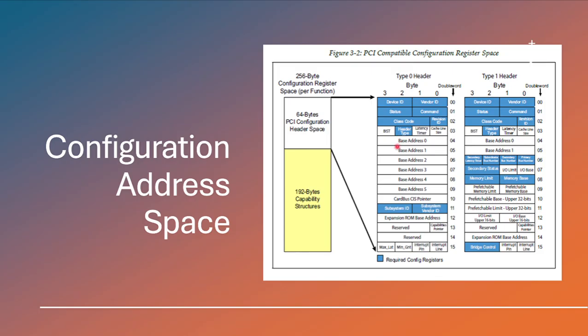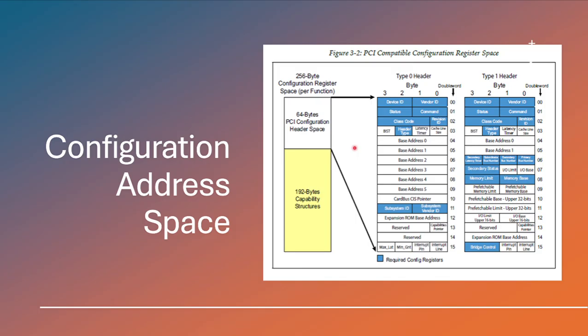Then it will map the system memory. You have to configure these base address registers before driving any memory traffic. Here you can see the type 0 header has 6 BARs, BAR 0 to BAR 5. For type 1, only 2 registers are there, BAR 0 and BAR 1.